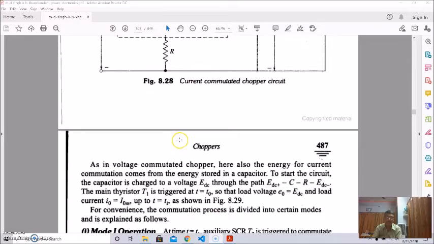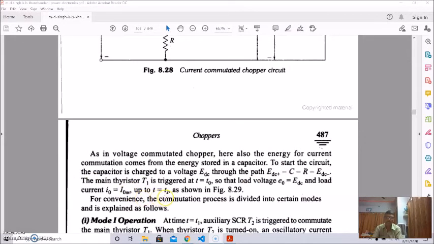Now the main thyristor T1 is triggered at time t equal to t0, so that the load voltage EDC and the load current I0 equal to I0 max are impressed up to t equal to t1.